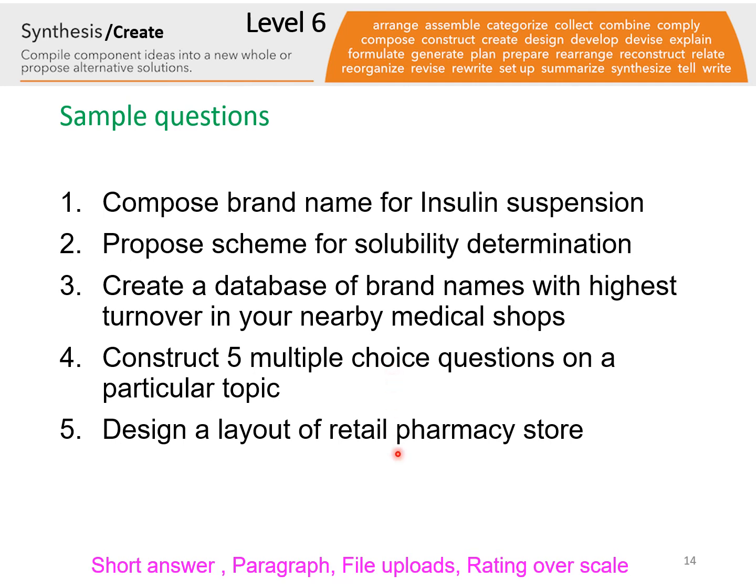Or rather than just teaching them the layout, we can ask them to visit the pharmacy shops and draw the layout which is actually followed by different pharmacists, present it, and come up with their dream pharmacy medical store, how they want their pharmacy store to look.